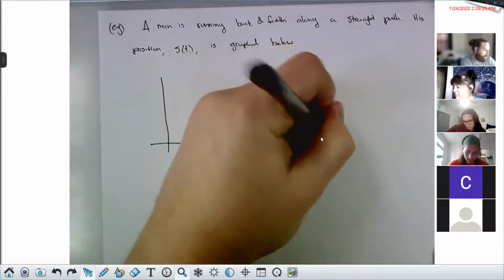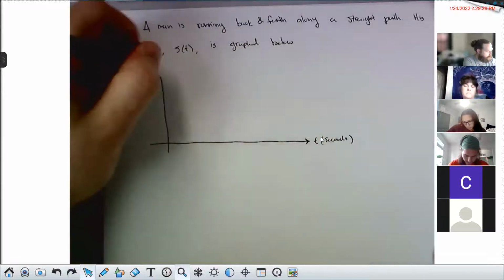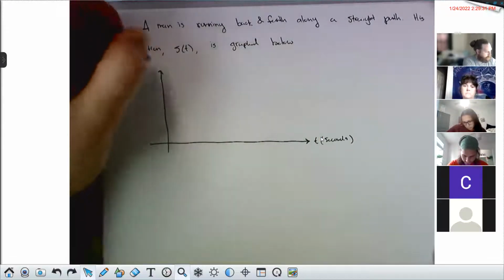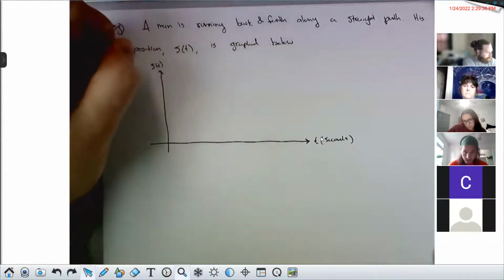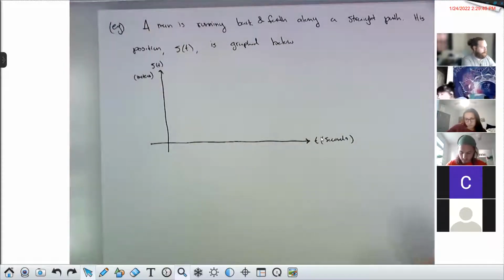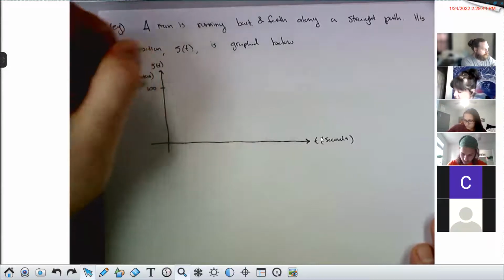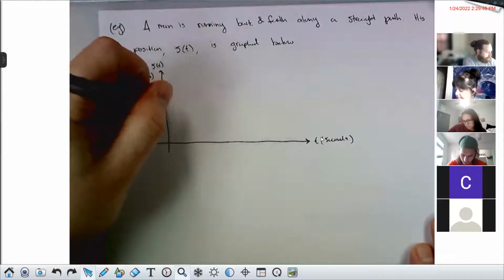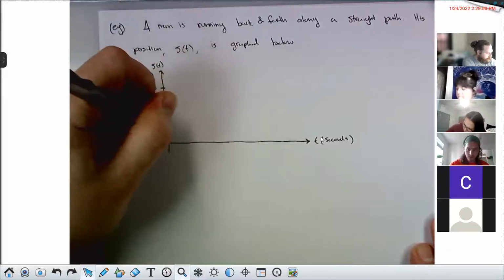Here's t, and we'll say it's being measured in seconds. Here's the position, and we'll say it's being measured in meters. Let's make this like 100 meters, 50 meters, 75, 25.